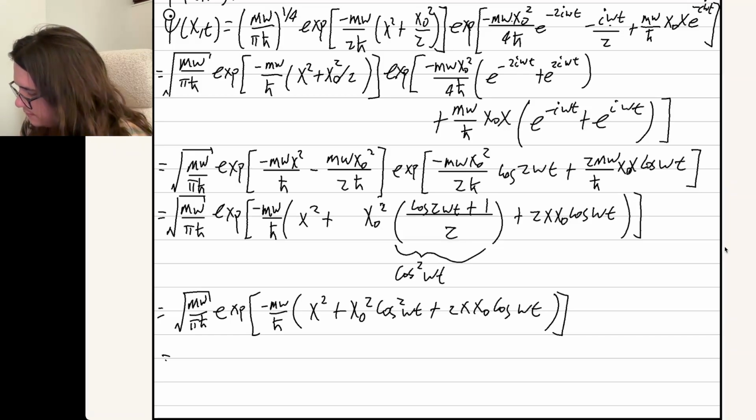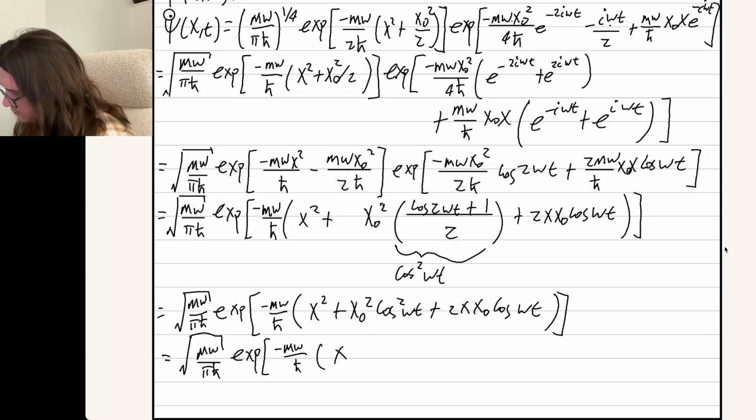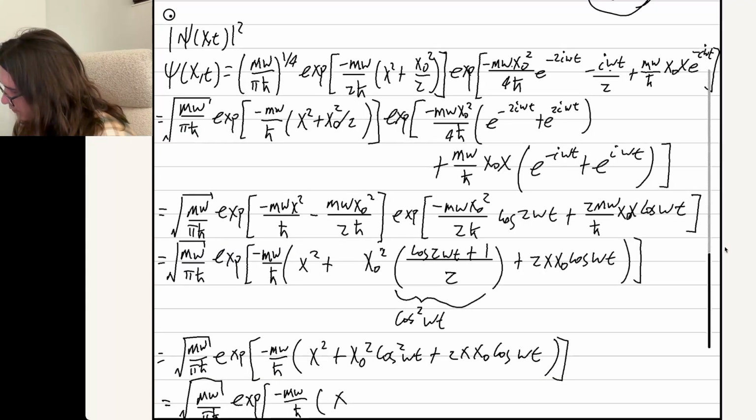And then you realize that that is just the square of some factor that looks like x minus x naught, because when we factored out the minus m omega over h bar, this is supposed to change to a minus sign.